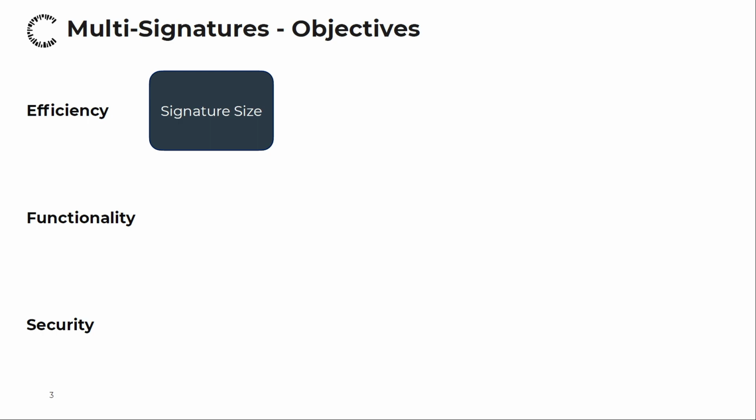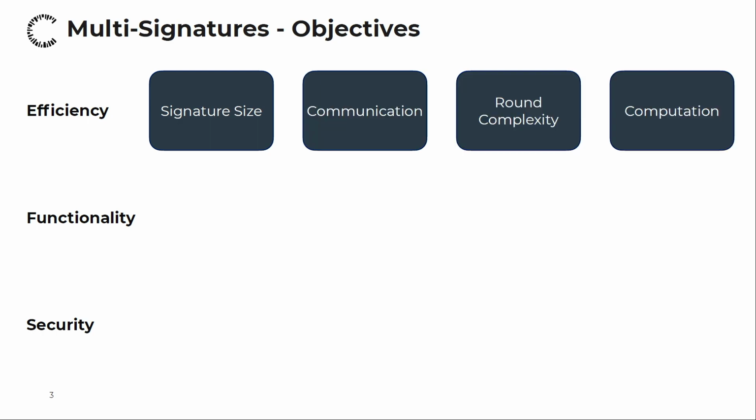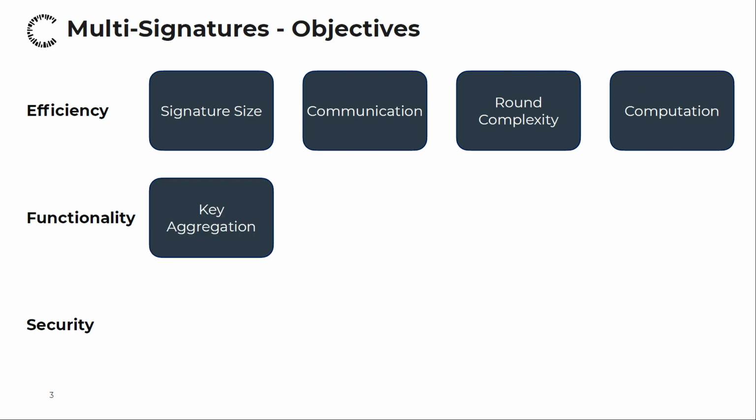We want compact signatures. Of course, this is an interactive protocol, so we may also care about things like communication complexity, round complexity, or the computational complexity. Okay, and now in terms of functionality, there are 2 properties that I want to mention that sort of enhance the functionality that I described before. The first is called key aggregation, and this is a feature that you want to have typically.